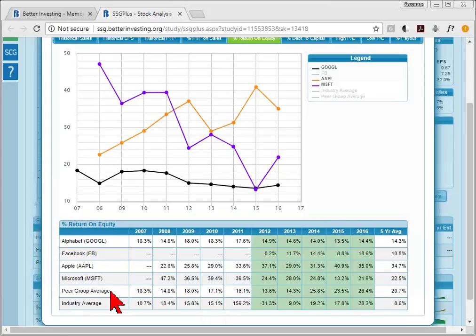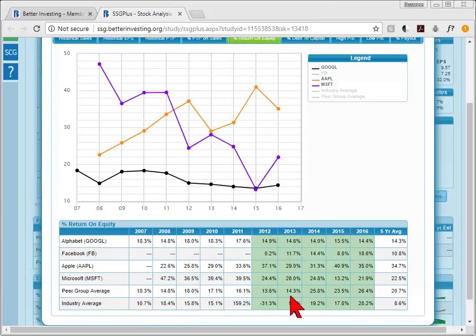A peer group average is not the average of these four. It is actually all of the companies in that industry that are large sized in this case. So Google is large, this peer group average is large.